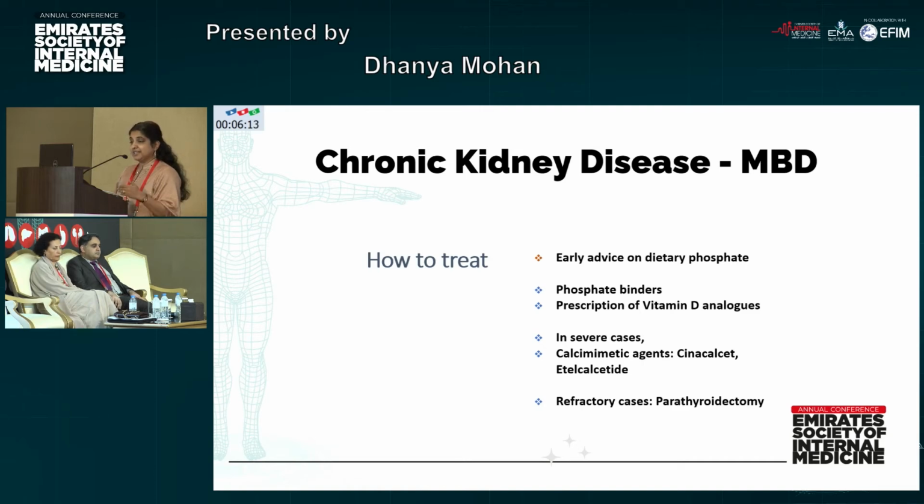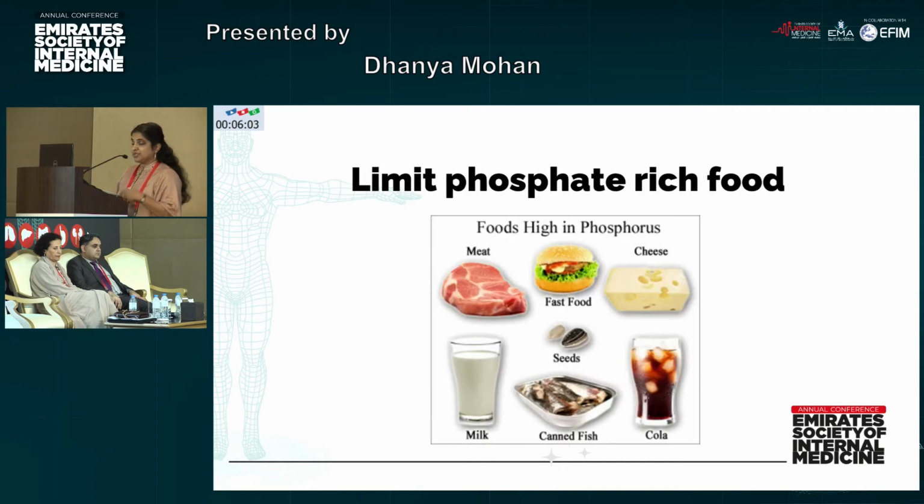And in refractory cases of severe hyperparathyroidism, tertiary hyperparathyroidism, even there we resort to parathyroidectomy.